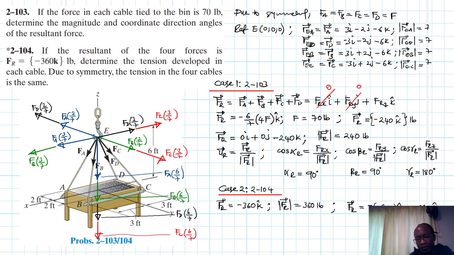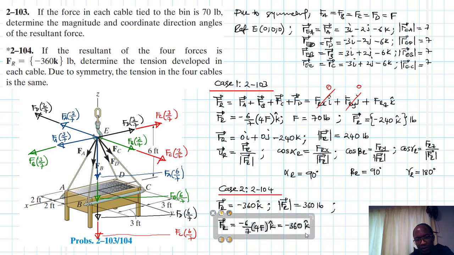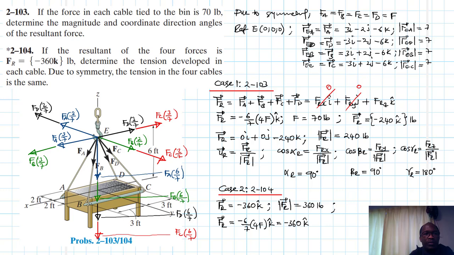So of course if we made F subject of the formula here, k and k cancel out.